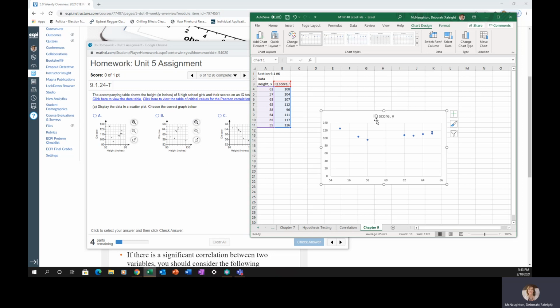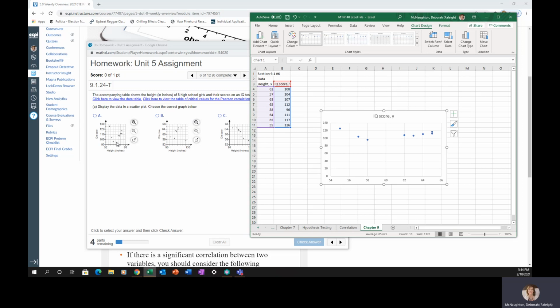Okay, and so here's my X values, which are the height. And the height should range from 55 to 65. And my IQ scores range from 96 to 126. So make sure that you graphed it in the correct order.